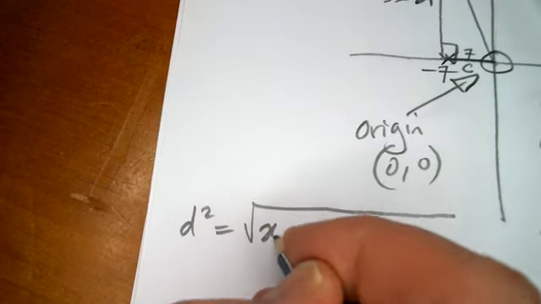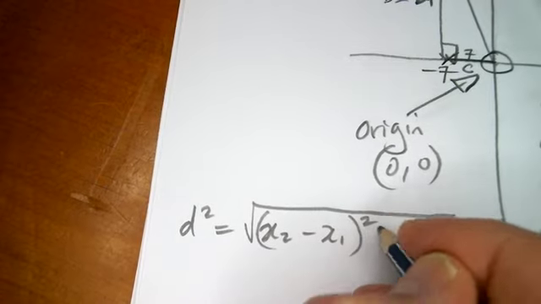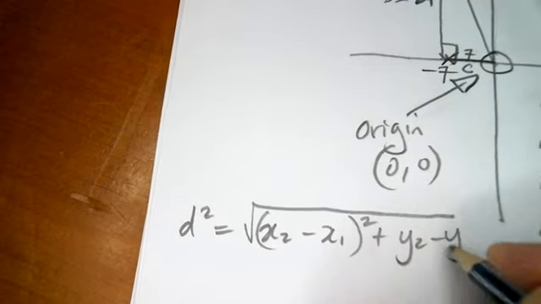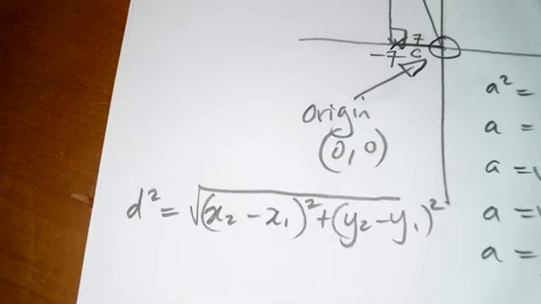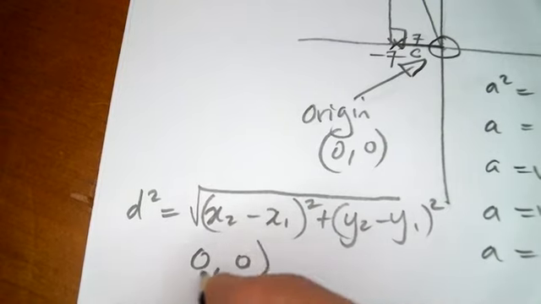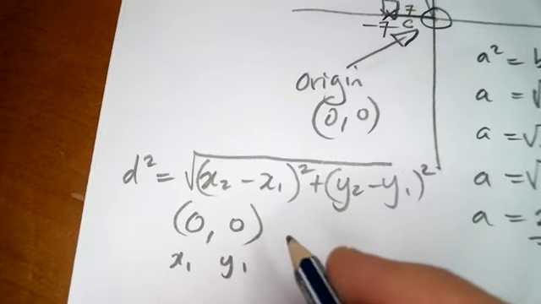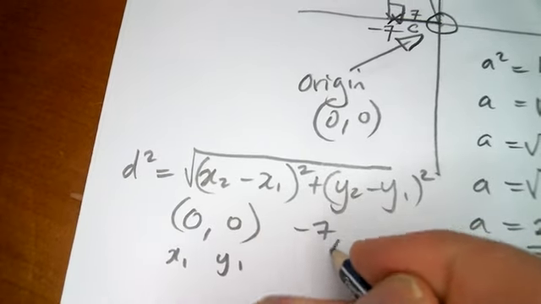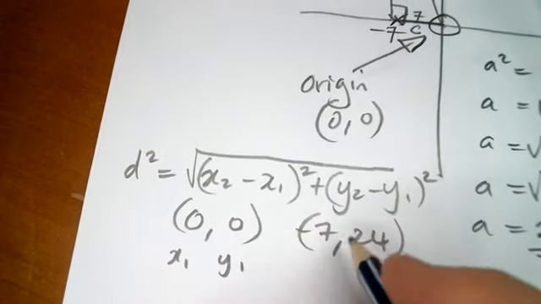But nonetheless, let's try it. (x2 minus x1) all squared plus (y2 minus y1) all squared. Let's designate some values for x2 and x1. Let's say (0, 0) is one of our points. Let's call that x1 and y1. And let's say the other point, which was (-7, 24), is x2 and y2.